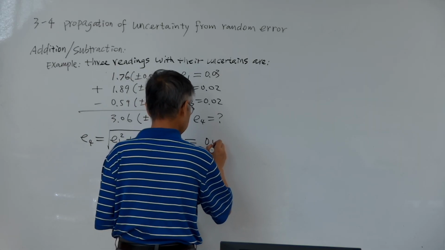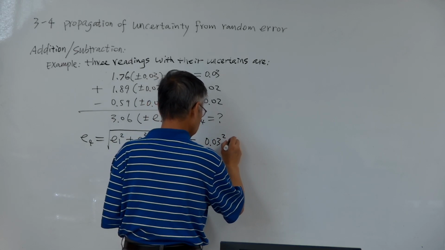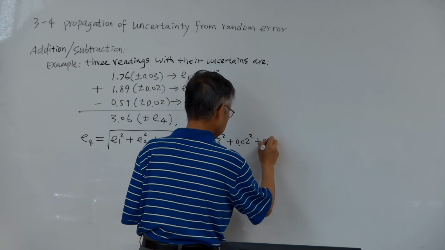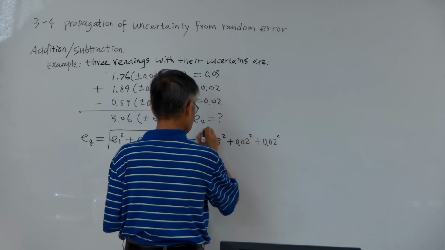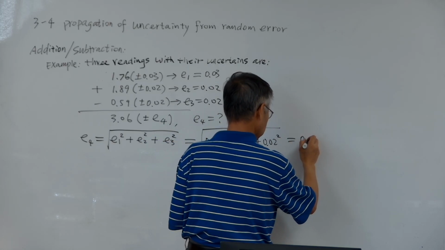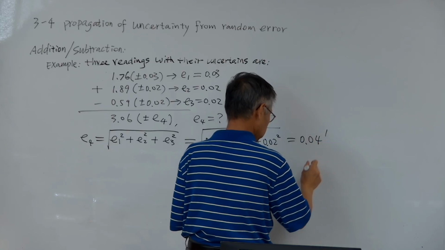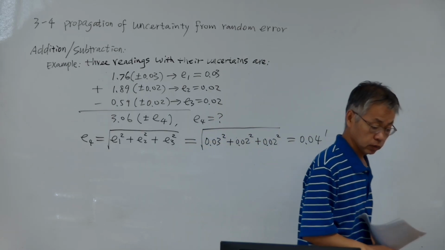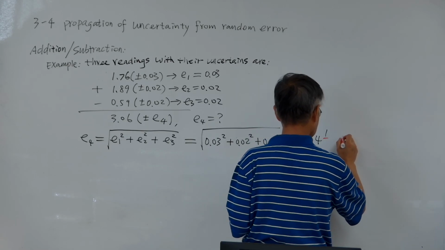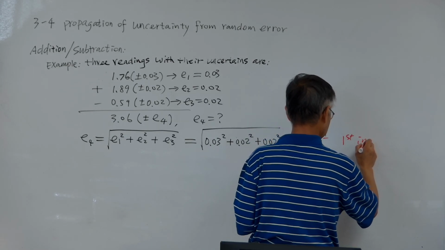So the actual number is 0.03 squared plus 0.02 squared plus 0.02 squared. Then the square root equals 0.041. This 1 is the extra digit, or the first insignificant figure.